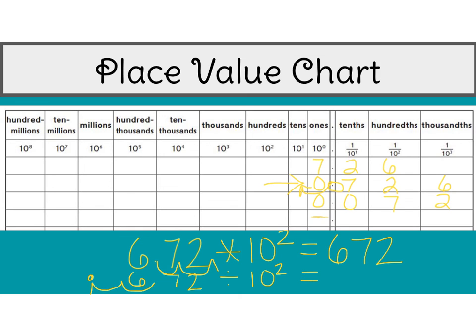So the decimal point is going to be here, and we place a 0 in that spot. So it's going to be 0 and 672 10,000ths, right? And we haven't talked about that place yet, but that's what it would look like.